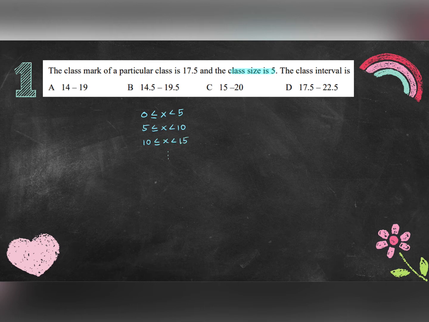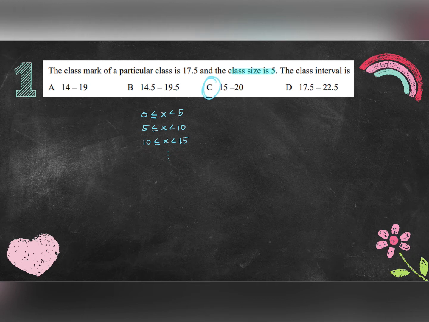So bila dia kata kita punya class size ini sebab 5 lah kan, kita tengok kat sini dia punya the class width lah adalah 5. So if the marks is at 17.5, so 17.5 that means it will be between 15 and 20 lah. So the answer should be C.